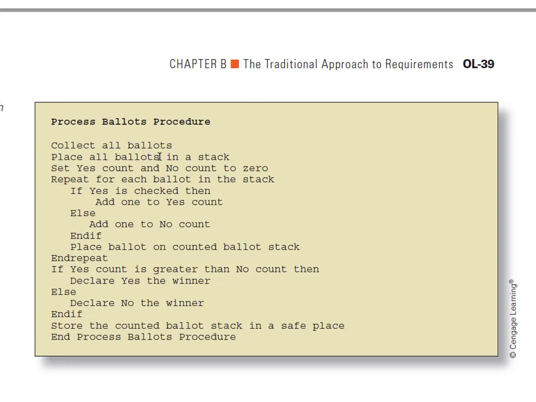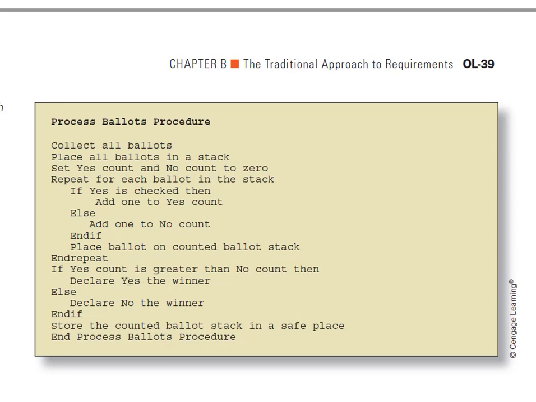So you can see first we collect the ballot boxes, then place all the ballot boxes in the stack and set the count to zero. So we put the 0 into the count, and then we have a loop, right? And inside this loop we have a set of instructions, and inside that loop we also have some conditional statements where we check some conditions, right?